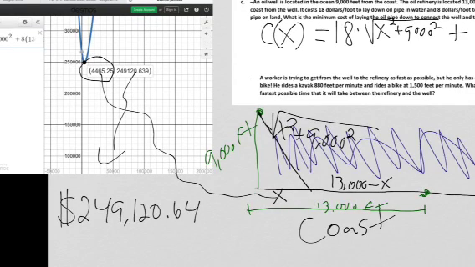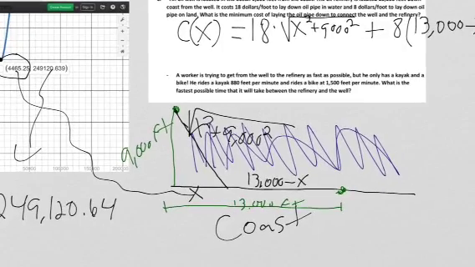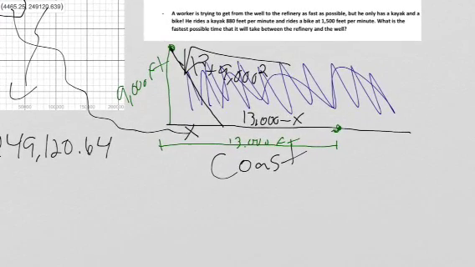So part 2 of the problem, we're dealing with the same picture, but it's going to be a little bit different because this is a person trying to get from the oil well to the refinery. So he doesn't have to necessarily follow the same path as the piping does. So let's talk about units for a second.